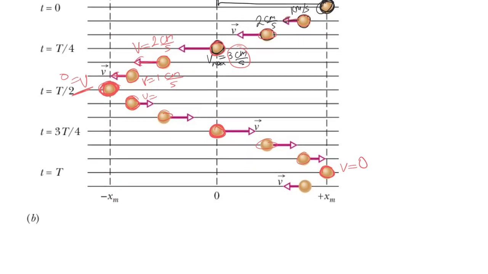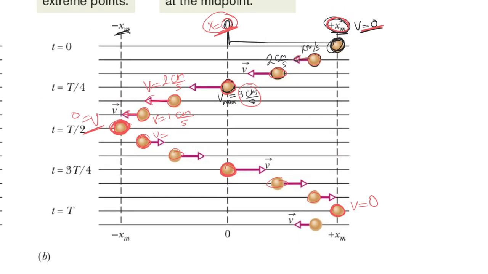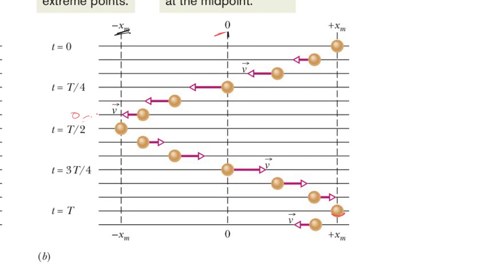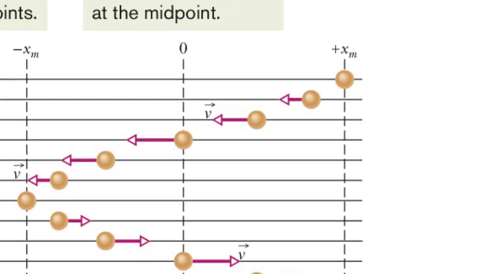So you understand that the relation between the velocity and the position of the particle is inverse. When the position is maximum from the midpoint, for example here 3 centimeters, then the velocity is 0.